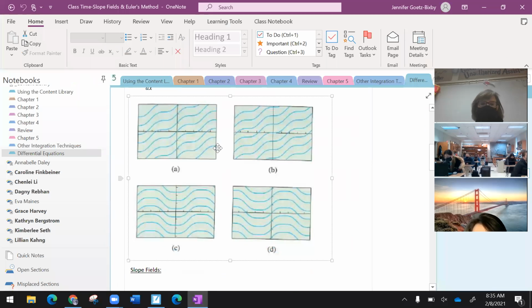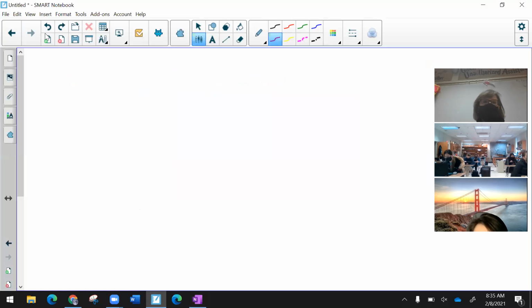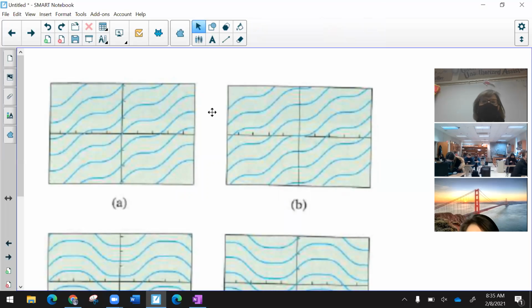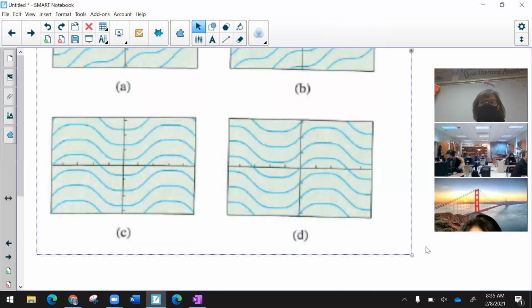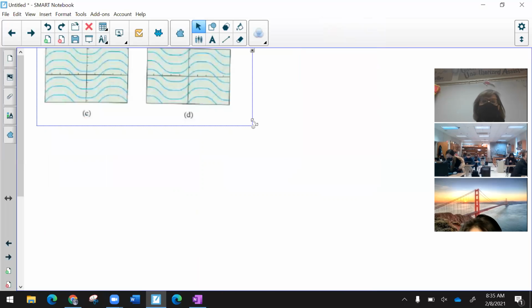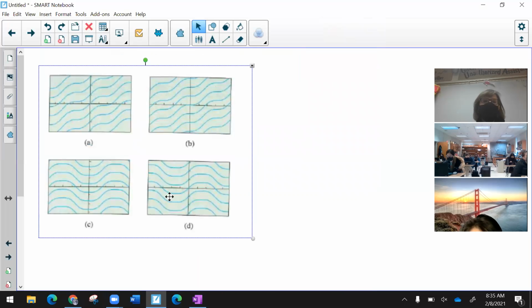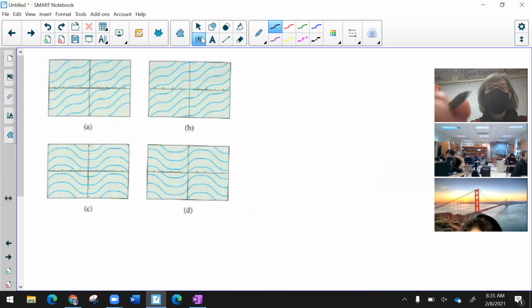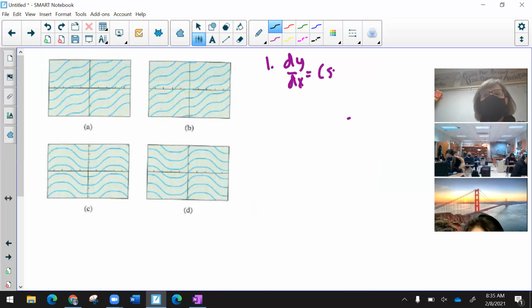So we're going to start with this. What we are supposed to do is match a bunch of functions. Function number 1 is dy/dx = sin(x²).